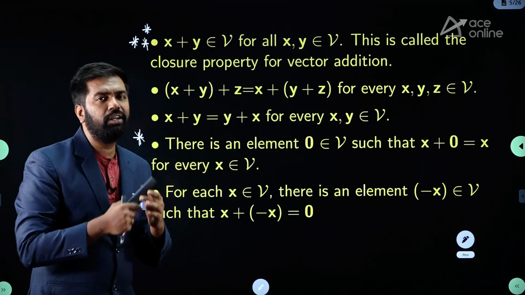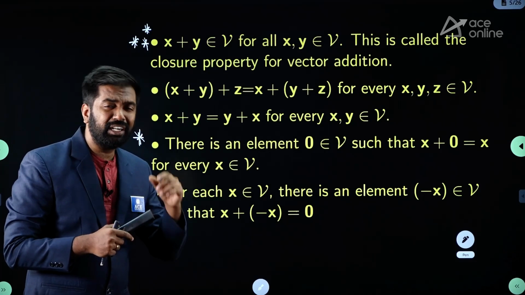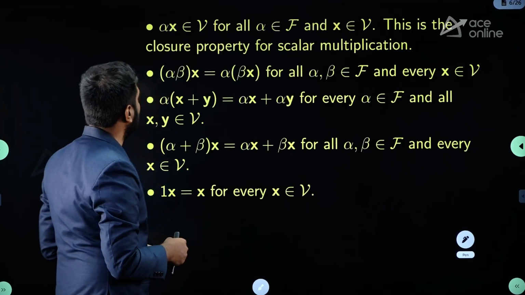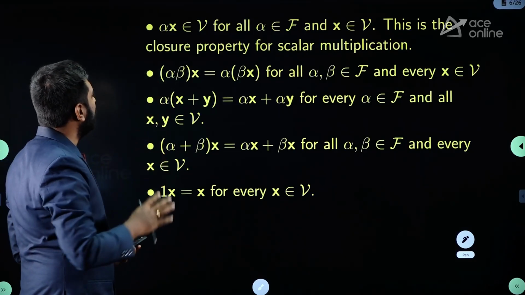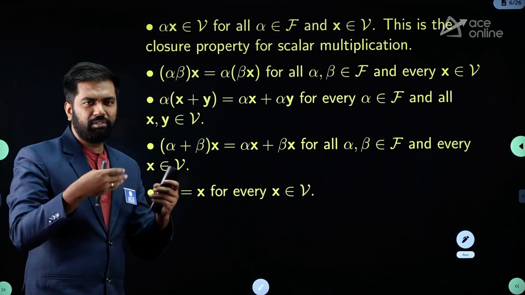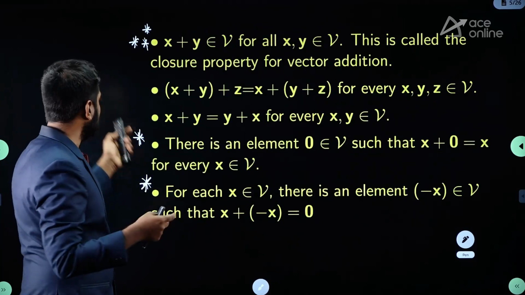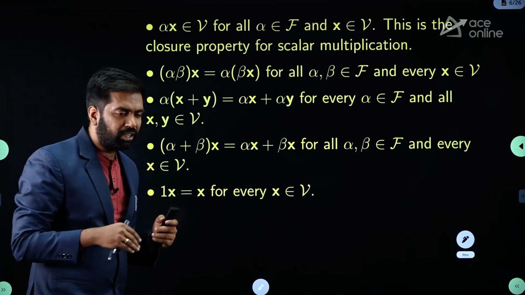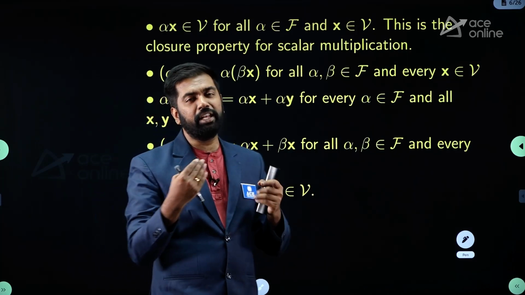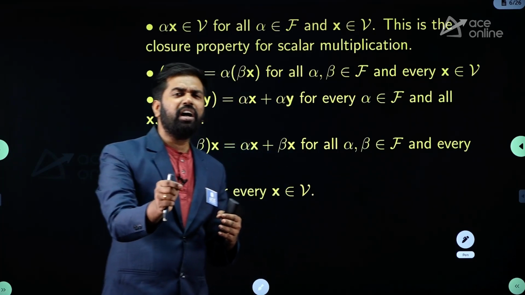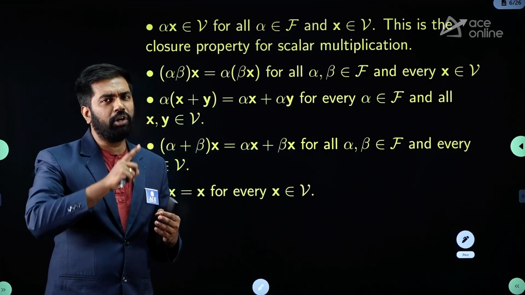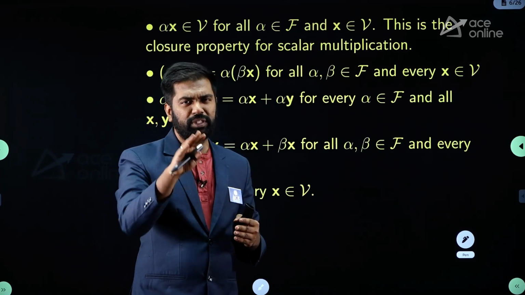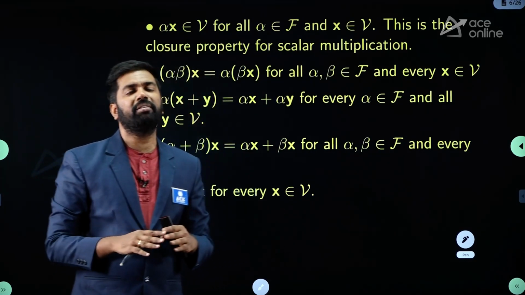Now let's learn what the conditions are under scalar multiplication. These are not that important, so you can go through them, but for verification purposes, whatever I highlighted will be very useful. Now let's look at the properties under scalar multiplication. You take a vector from the given set V, and you take a real number from F, because F means for us the set of real numbers.